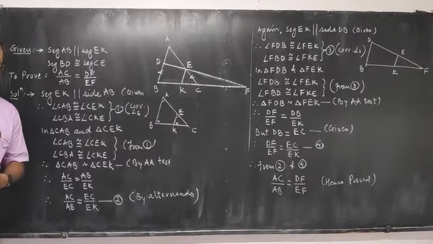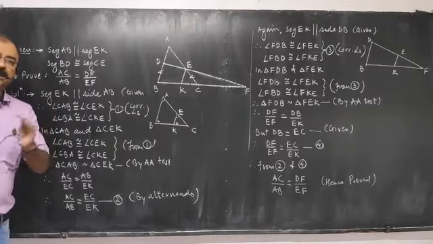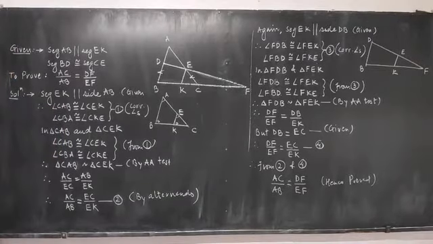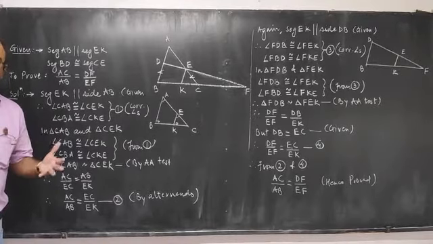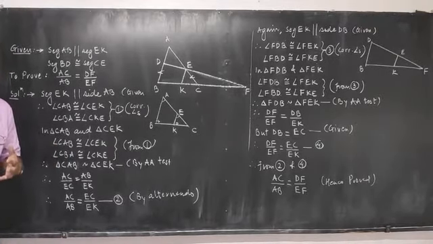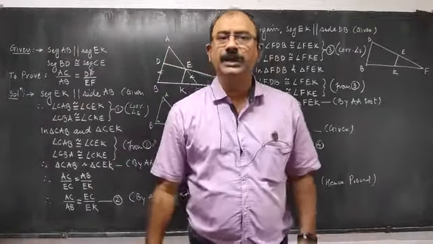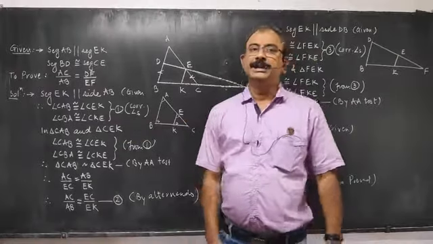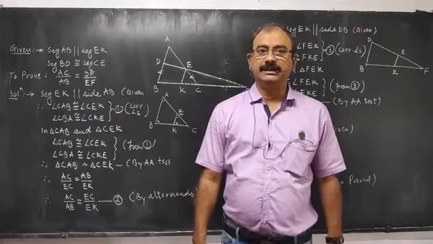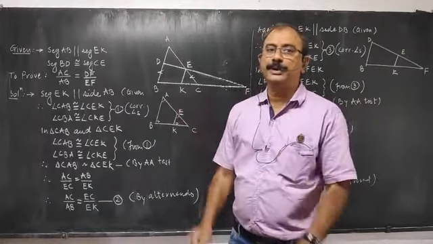But when we say corresponding sides are proportional, we mean the ratios of corresponding sides are equal. Now, I get three ratios equal, but common sense will tell you that instead of writing all three ratios equal, why not write only those ratios which are required in the result, in the equation which we want to establish.